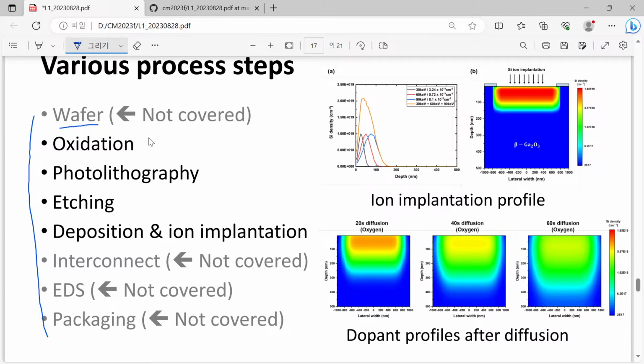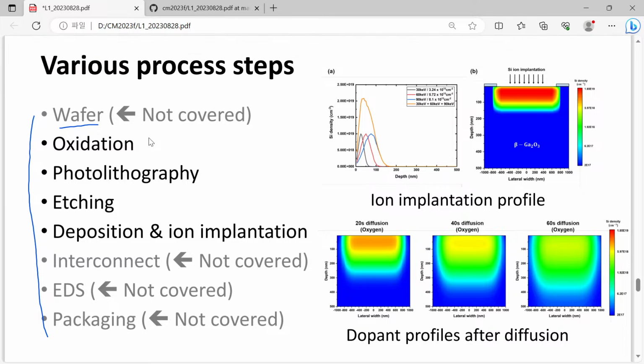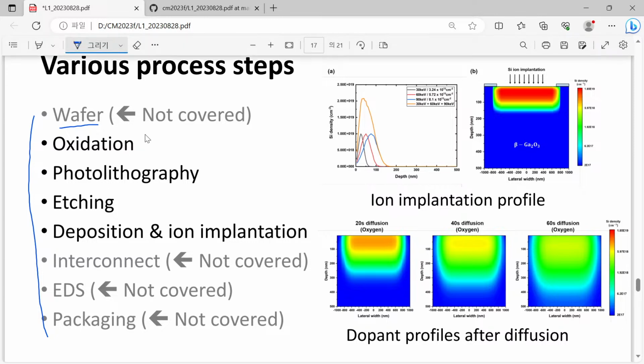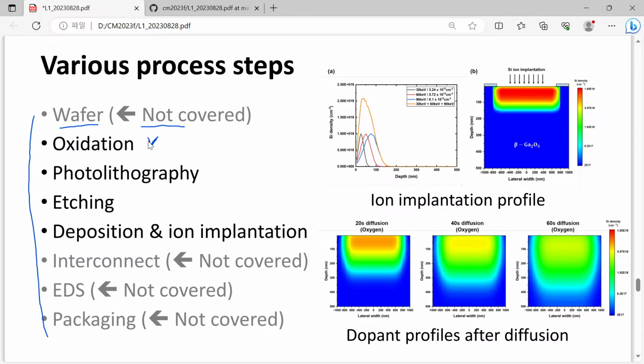Although that is important, usually the companies just buy wafers from wafer companies, so we are not interested in this one. However, oxidation is of most interest in our process simulation, and photolithography.